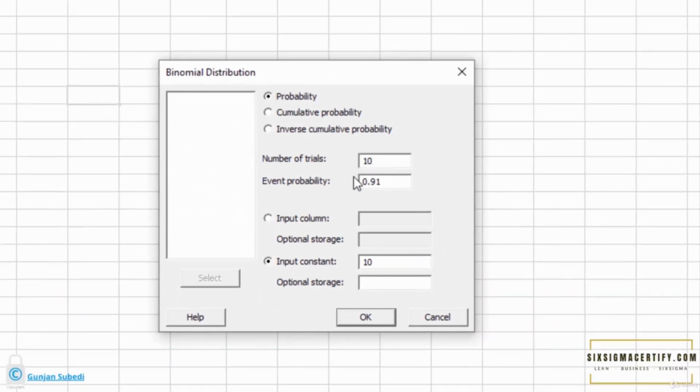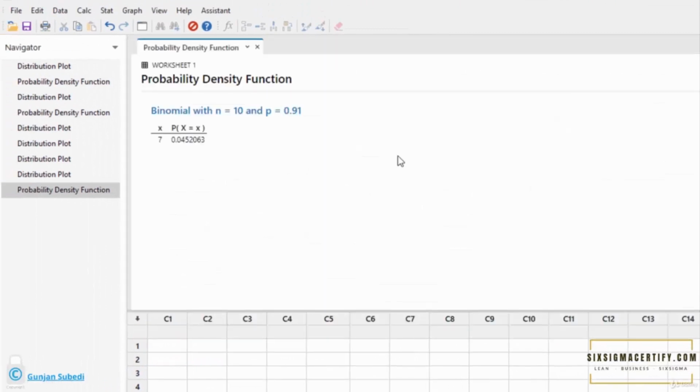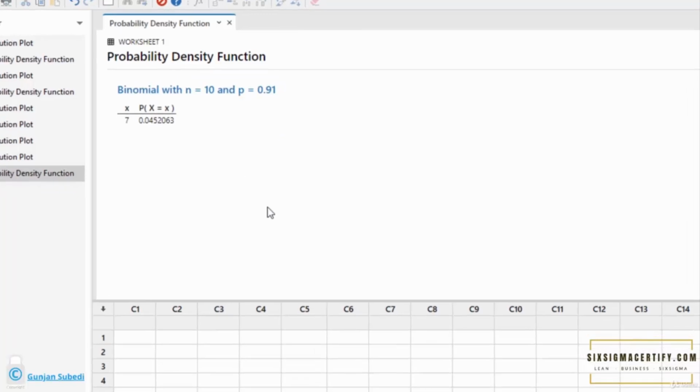Event probability is 0.91 and the input constant is 7 because we want to find out the probability for 7 planes landing on time. And then we click the OK button. As soon as we click the OK button, we see that the probability of landing 7 planes in time is 0.045, which was the same as we saw from the graph earlier.